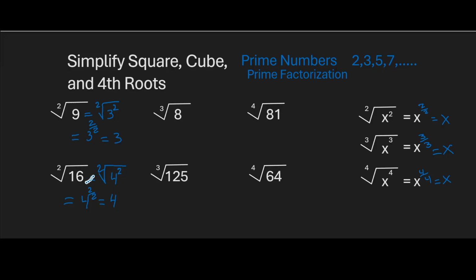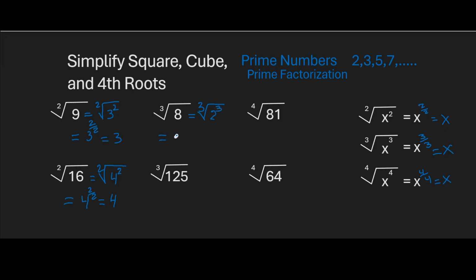Now look at the next one. Now it's cube root. The number inside, we should be able to write it as a number to the third power if we're gonna cancel. So now I know that 8, we can rewrite it as 2 to the third power. 2 times 2 is 4, times 2 is going to be 8. And now, because this is cube root, this number 3 is going to divide the exponent.